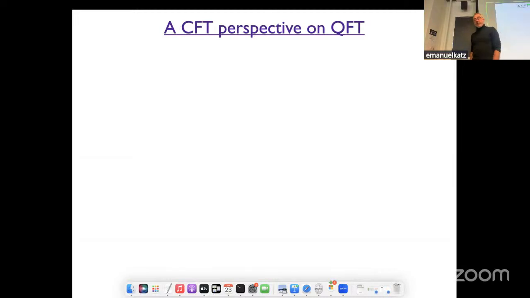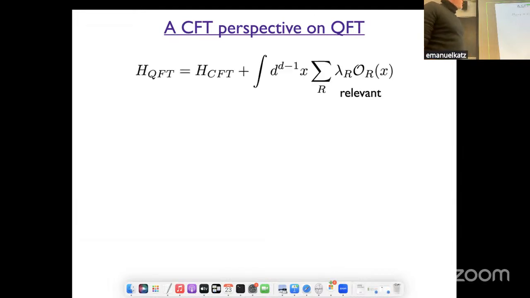Here there's a different perspective, however, which is maybe a bit less familiar, but we found in some sense, as I'll try to show you, is a more efficient perspective, and I think in some sense a more universal perspective of how one thinks of a quantum field theory, and that is to start with a conformal field theory first, and think of the quantum field theory as a relevant deformation of the conformal field theory.